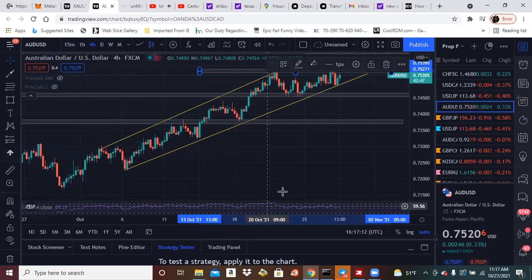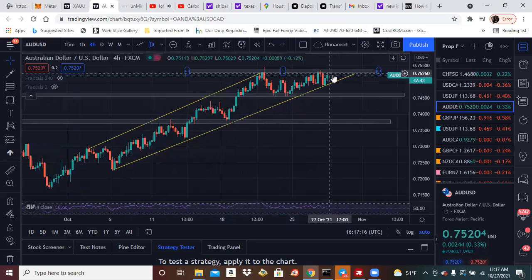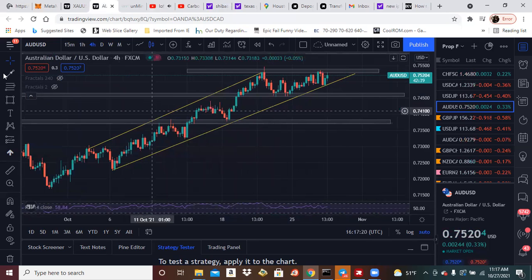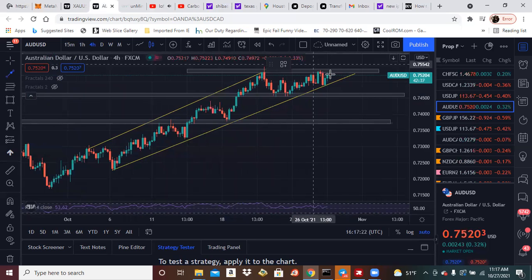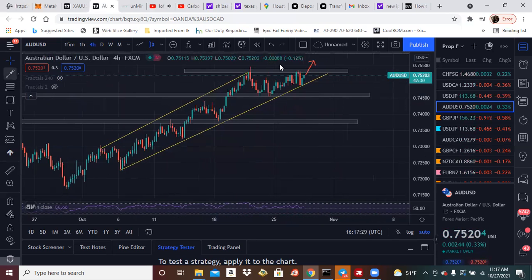So what can happen? Two scenarios could happen. It's going to squeeze in here and burst either to the upside. We could probably see a nice burst up. And then if it bursts up, we have a retest. It always has to come back and retest this as a floor before it comes back to that weekly.